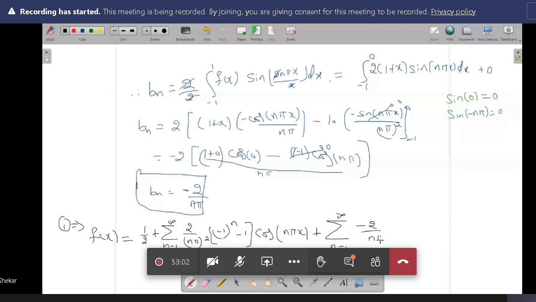So this is the required Fourier series expansion for the given function.